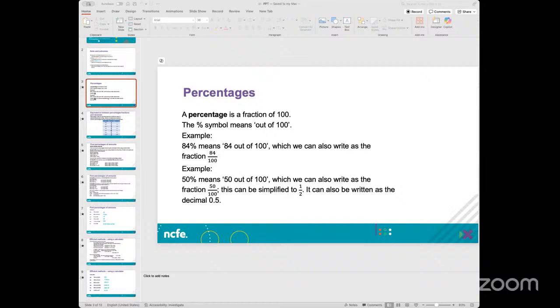What could be the other type of areas in which we use percentages? I'm pretty sure that a lot of you have bought a house on mortgage, or at some stage in your life, you bought a car or an expensive item on installments. Now, sometimes you need to calculate the percentage, the interest rate on the repayments that you're doing, or the calculation on repayments that you need to do if you take out a loan, or buy something on a credit card, or you take out a mortgage.